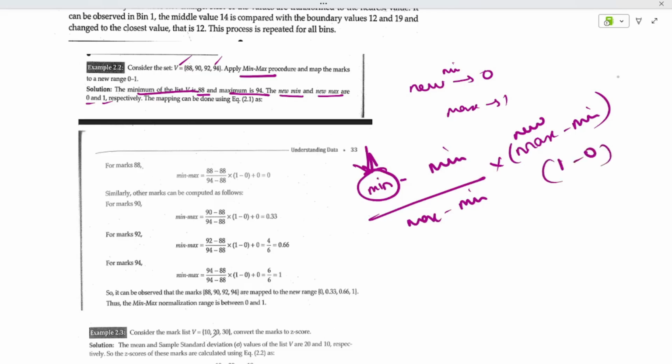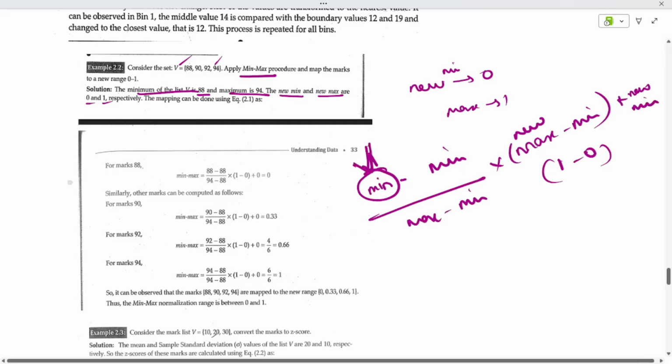Next, plus new min, that is 0, that you will be adding. Here V means you have to do it for all the individual elements of this set.